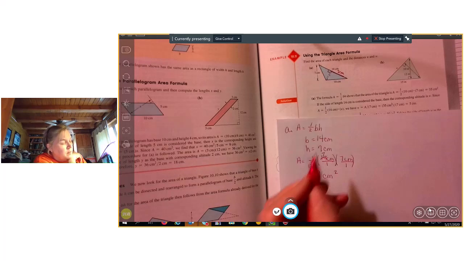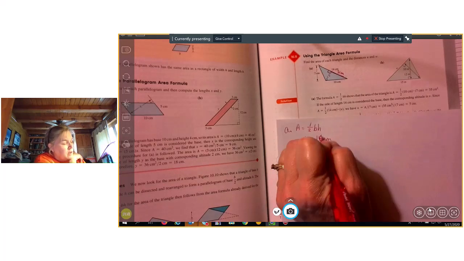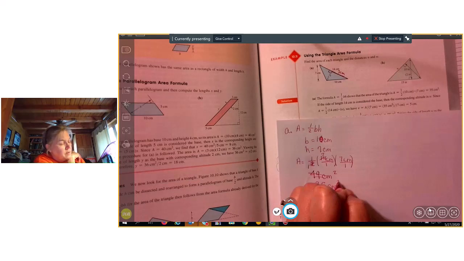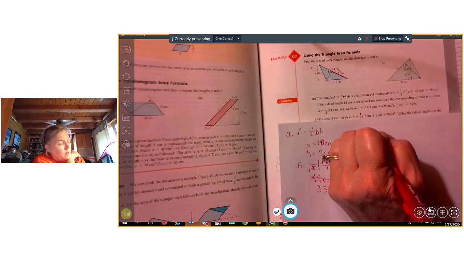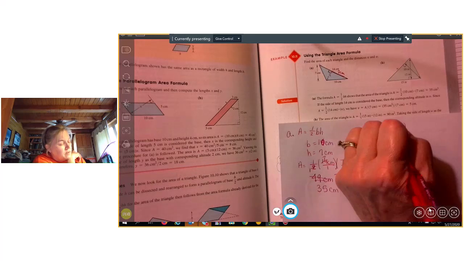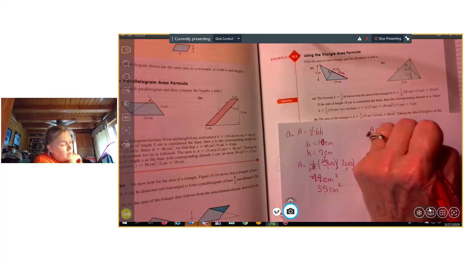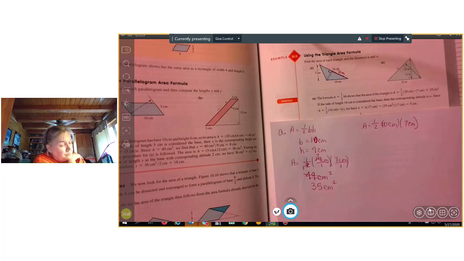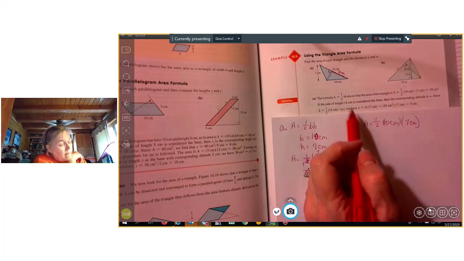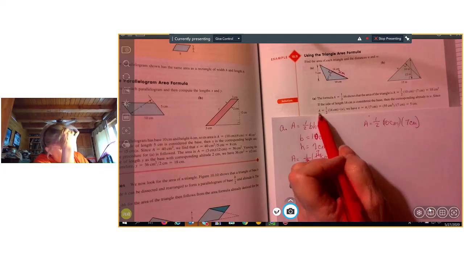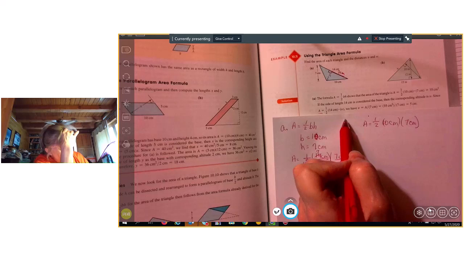So they're using the 10 as the base, and you end up getting 35 centimeters squared. So its area equals 1/2 times 10 centimeters times 7 centimeters. Once you find that, then I know the area is going to be 35 centimeters squared.